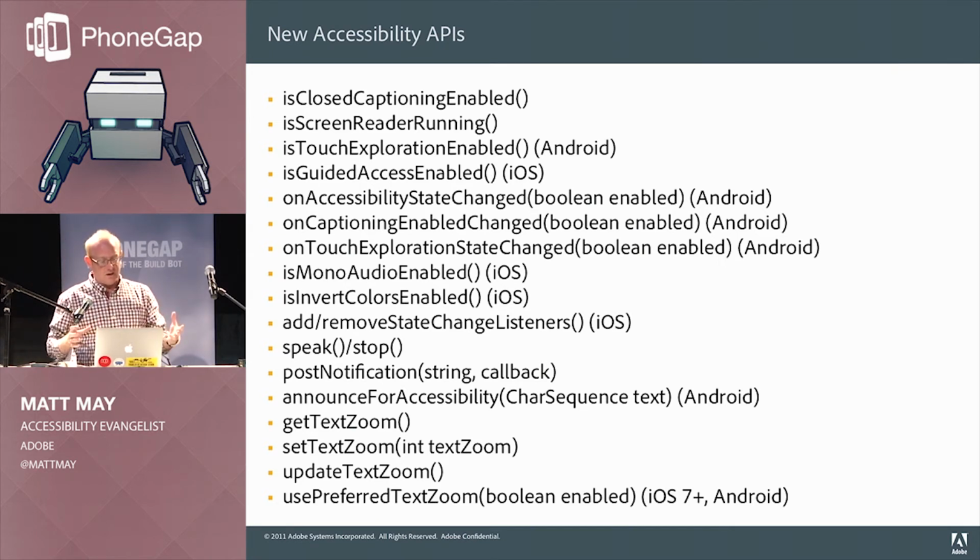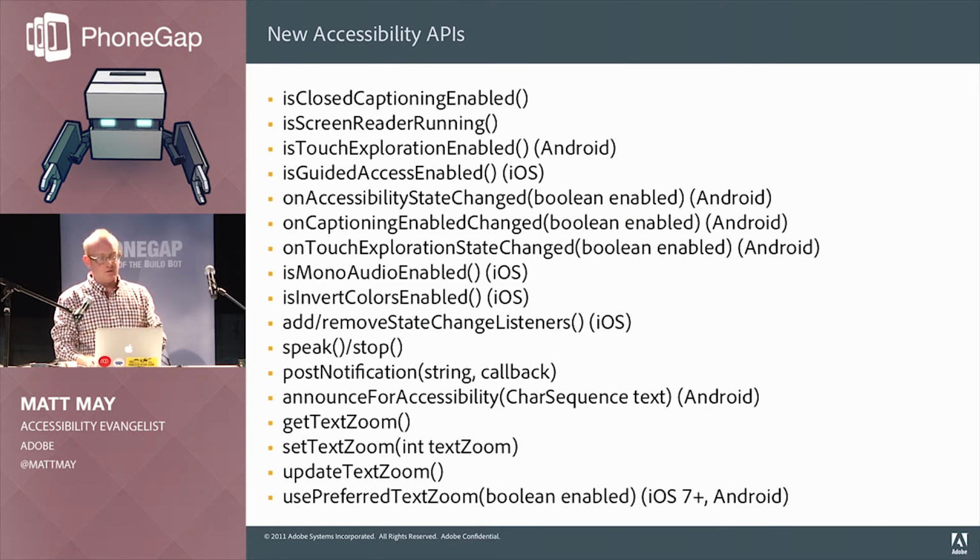So if any of these states have changed, if somebody has mono audio, if they can only hear through one ear and both channels are going in one ear, colors are inverted, there are different state change listeners that are associated. You can actually make the thing speak or stop speaking using the speak function.